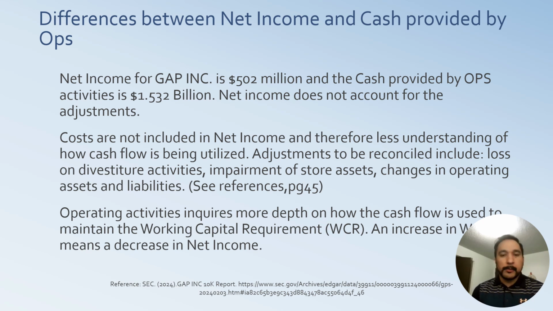And those won't be included in the net income, and therefore there's less understanding on the breakdown of how the cash flow is being utilized. Operating activities requires more depth on how the cash flow is used to maintain working capital requirement, or WCR. An increase in WCR means a decrease in net income.